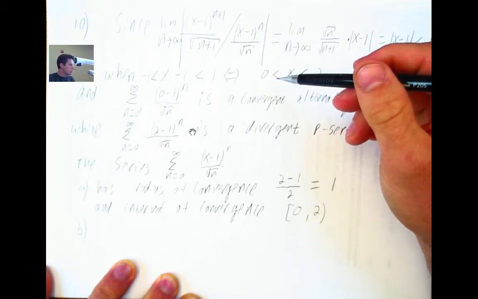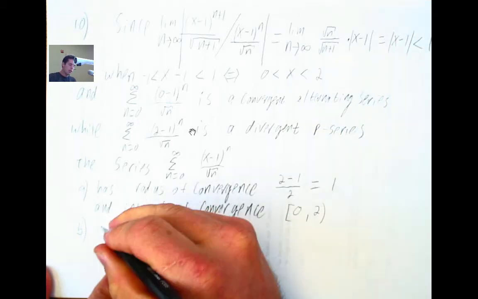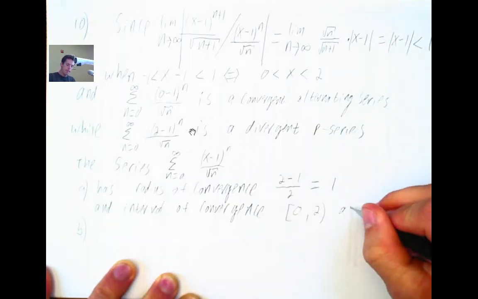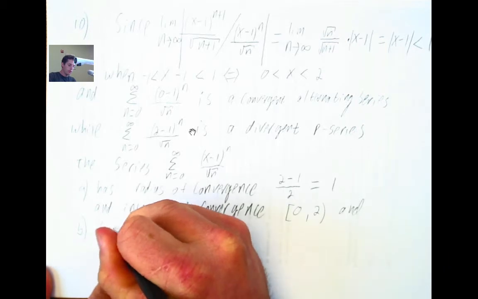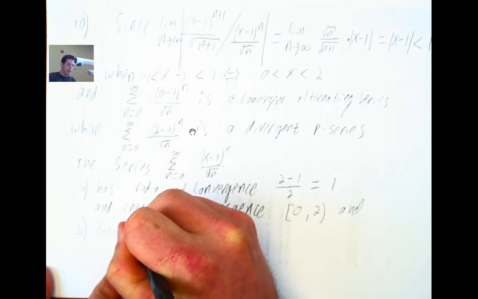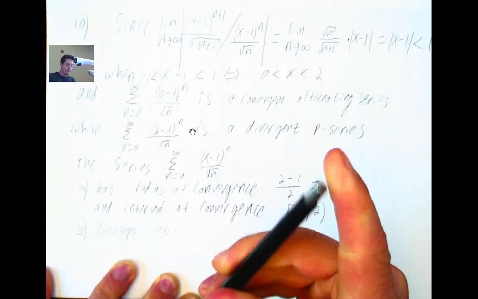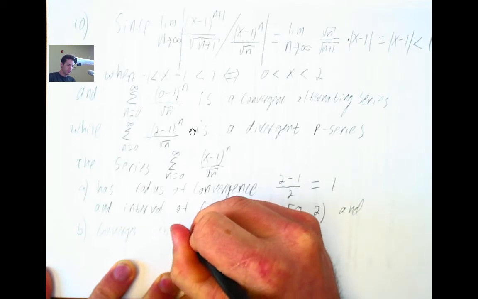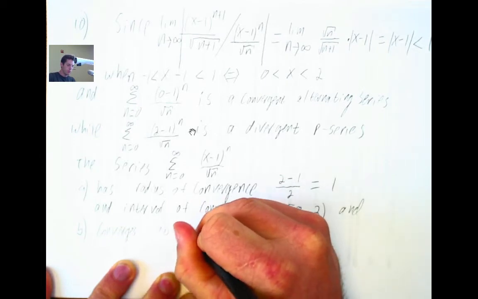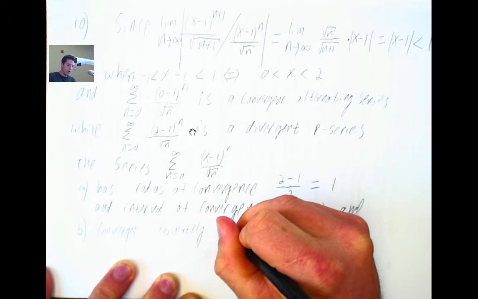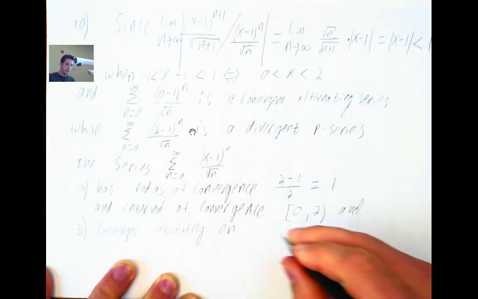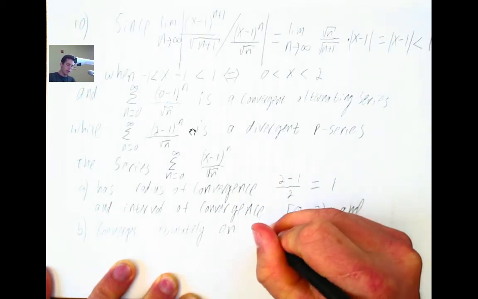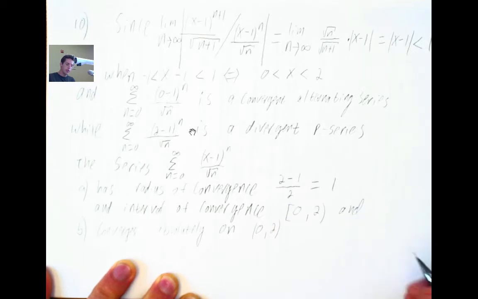And we will say converges absolutely on the interval 0 to 2, not including 0 and not including 2.